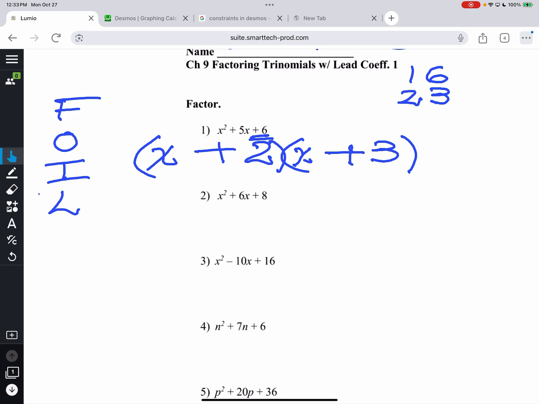Outer gives you a positive 3x. Inner gives you a positive 2x. And last gives you your 6. Then you add those together, and that gives you the 5x. Does each step make sense?